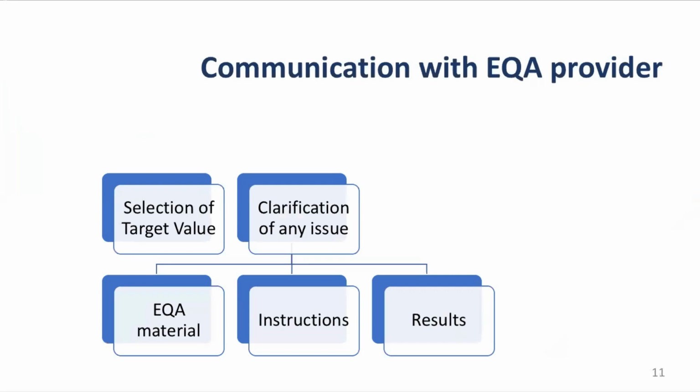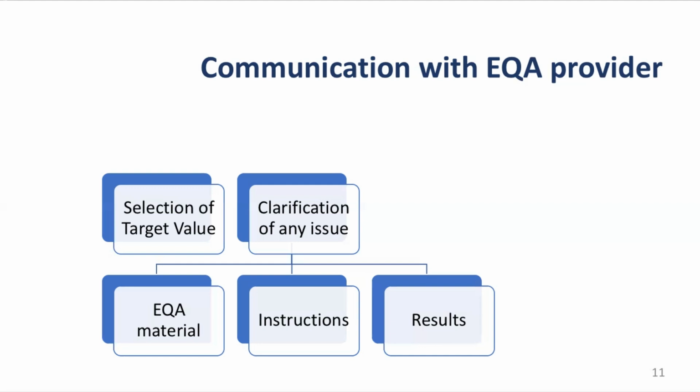In case of quantitative EQAS, the provider selects a target value. Sometimes we call this the group mean or assigned value. There are various ways of assigning value to an EQAS material.